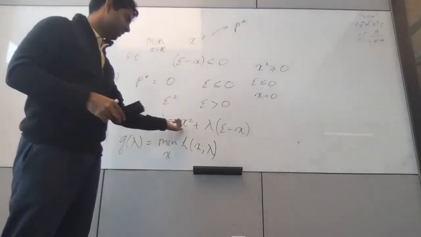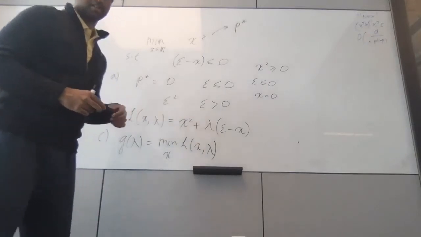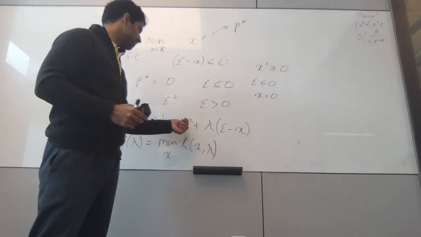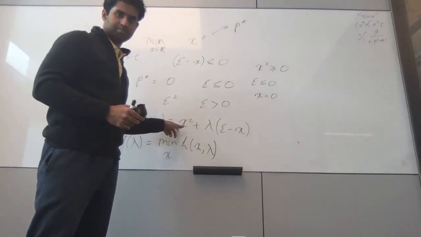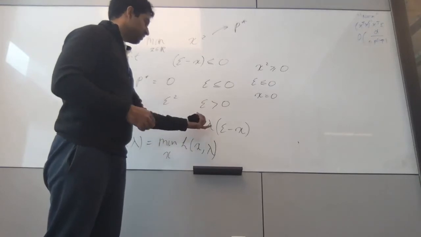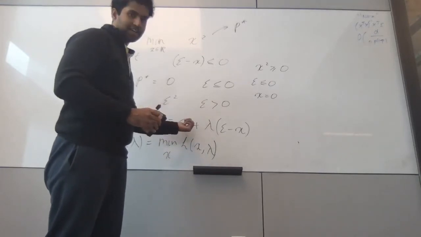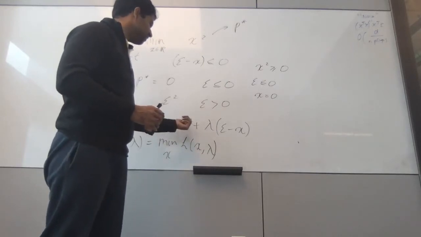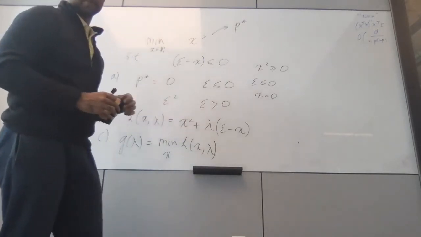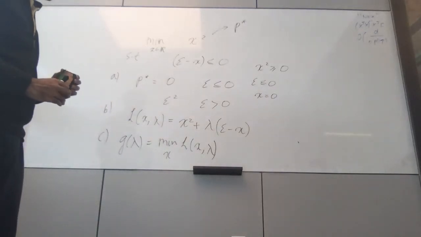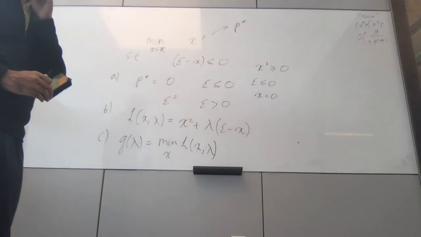This is a quadratic function whose leading coefficient is 1, so it's a convex quadratic function if you look at it as a function of x. You can find its minimum by taking its derivative and setting it to 0. Okay, so let's do that for the next 2 or 3 minutes, and then we can get back to this.